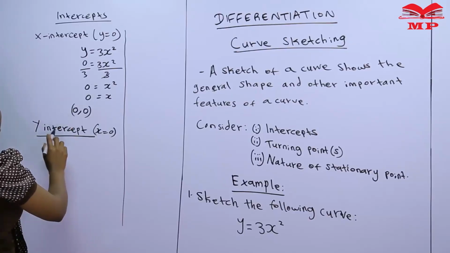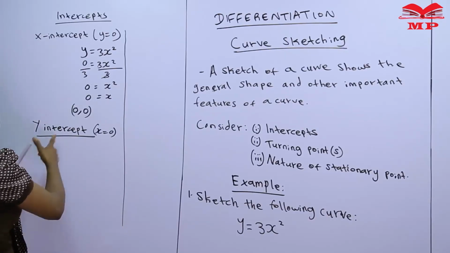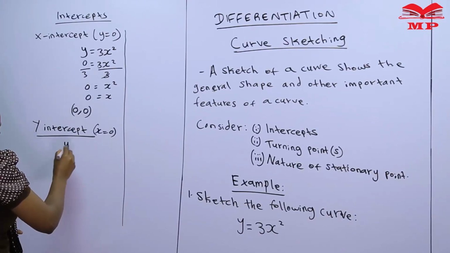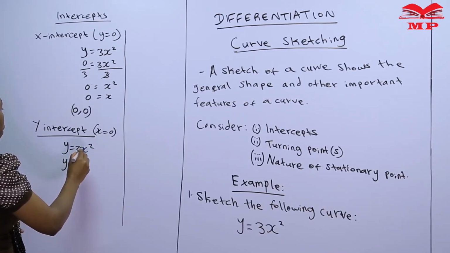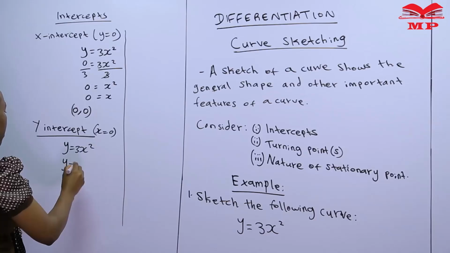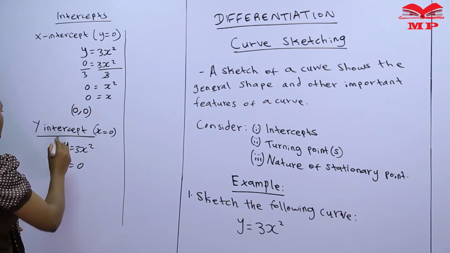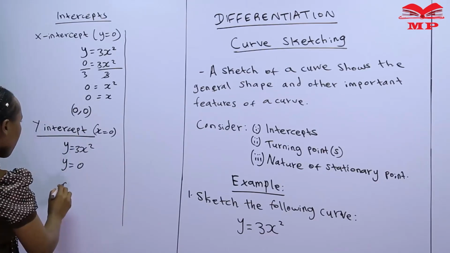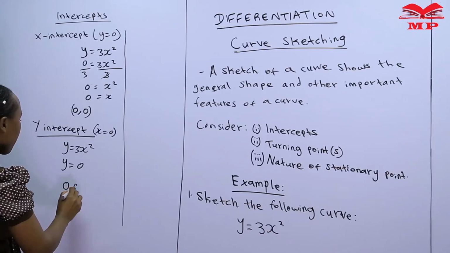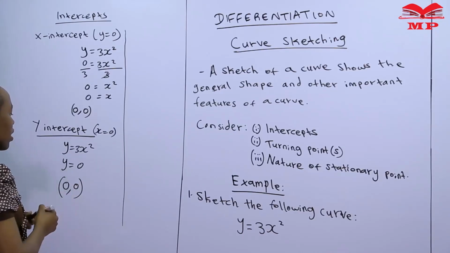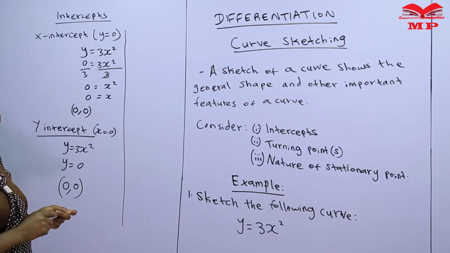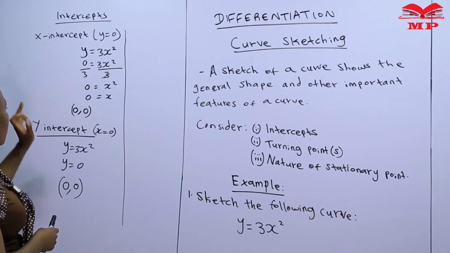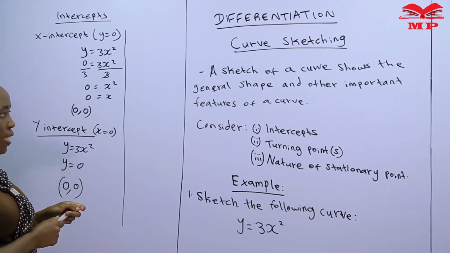Now we come and get the value of y. We have the equation y is equal to 3x squared. Our x is 0, so 0 squared times 3, we get 0. And therefore, for the y-intercept, we have 0 for x and 0 for y, so we have (0, 0). That is the origin. So we have the x-intercept and also the y-intercept.